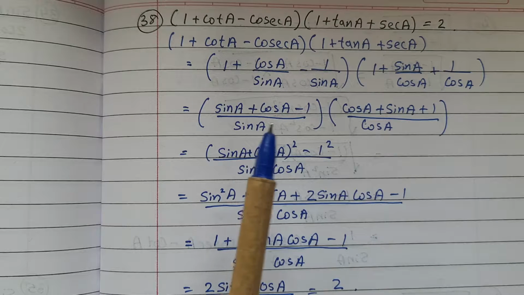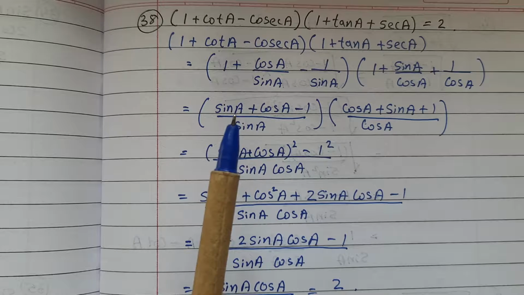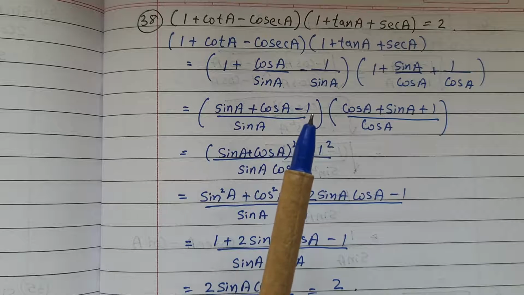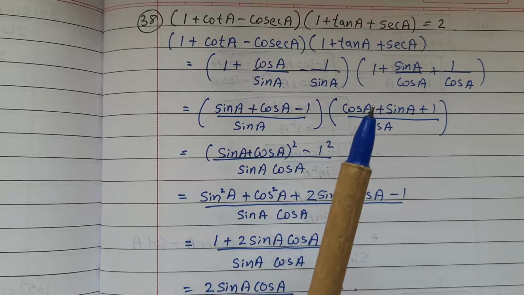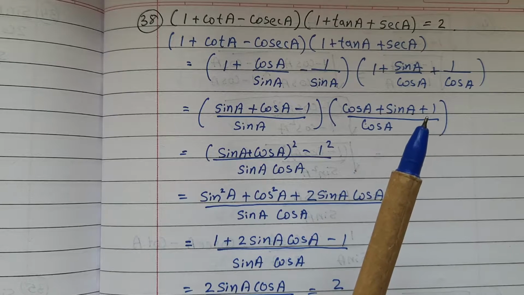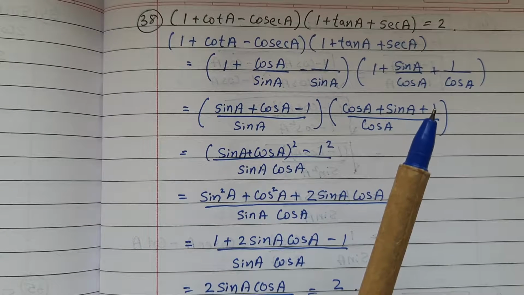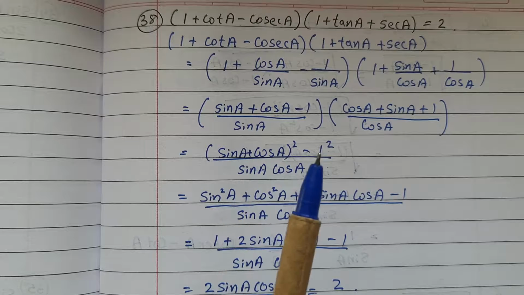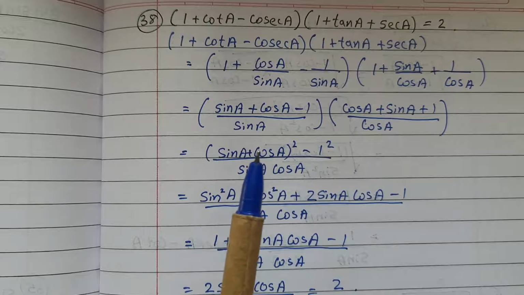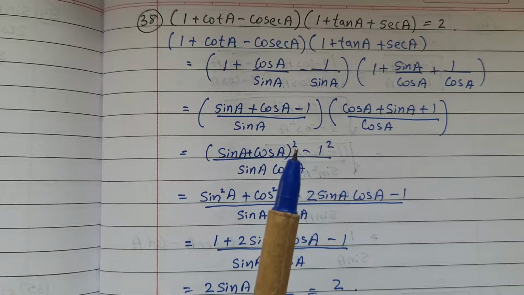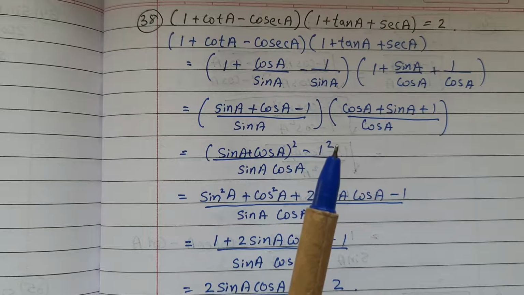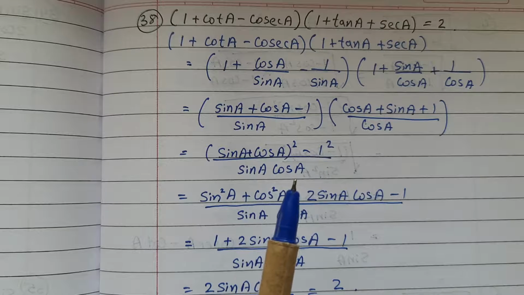Denominator is sin a into cos a, and numerator is (sin a plus cos a minus 1)(sin a plus cos a plus 1). Therefore, we get (a minus b) into (a plus b) is a square minus b square: (sin a plus cos a) the whole square minus 1 square upon sin a cos a.